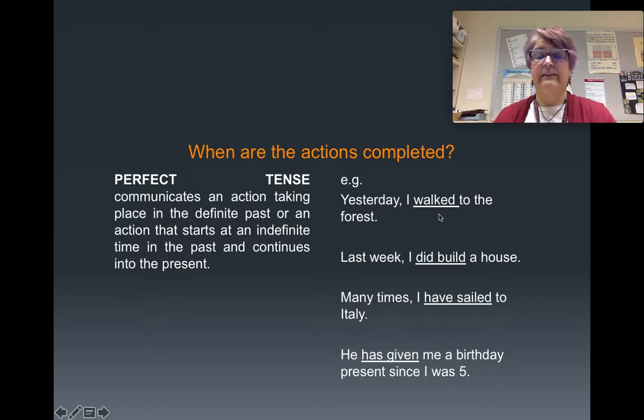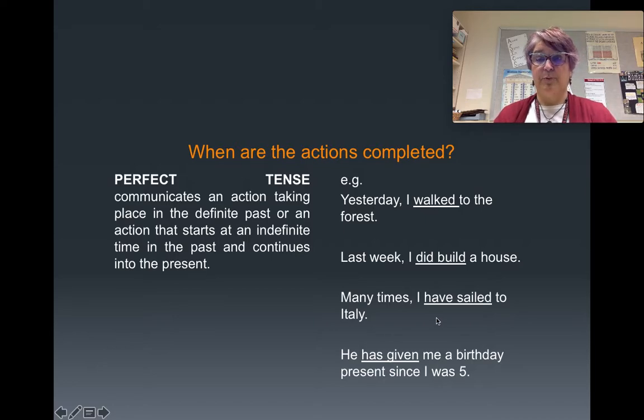When I want to say that an action began at some point in the past that's indefinite, like many times, and it continues into the present. So since I was 5, he has given me a birthday present. Started when I was 5, continues into the present. When I want to express these ideas, I must use the helping verb has or have in English.